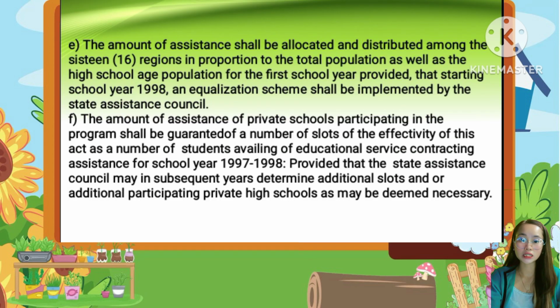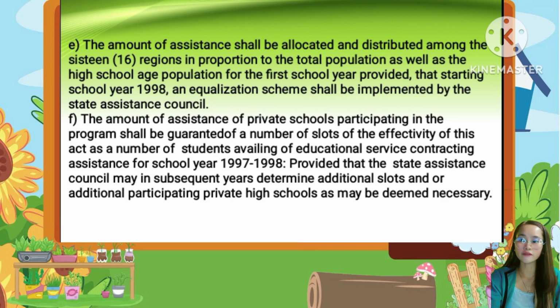In paragraph E, the amount of assistance shall be allocated and distributed among the 16 regions in proportion to the total population as well as the high school age population for the first school year provided. Starting school year 1998, an equalization scheme shall be implemented by the State Assistance Council.